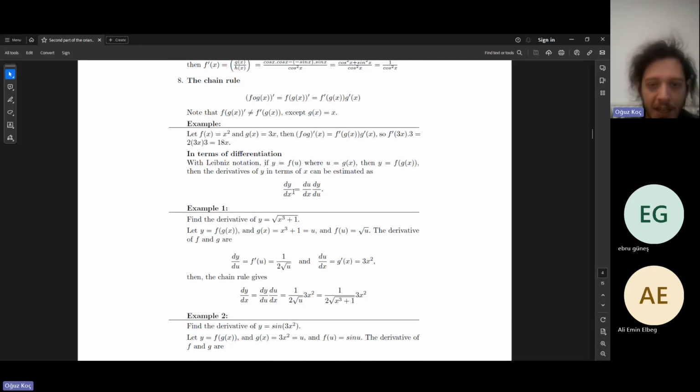We can also write it like this, as a ratio, by adding the u variable to calculate the chain.